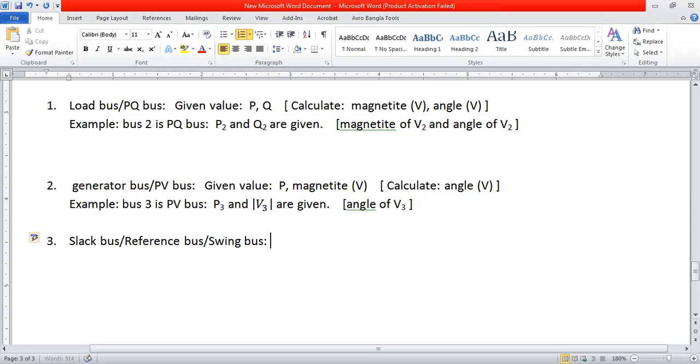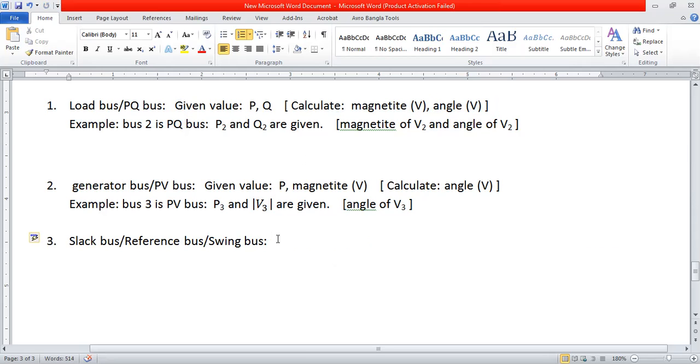If this is a slack bus, reference bus, or swing bus, then this bus should contain a generator, and most probably the largest machine of the system is considered as a swing machine, and the connected bus of the large machine is considered as a slack bus, swing bus or reference bus.